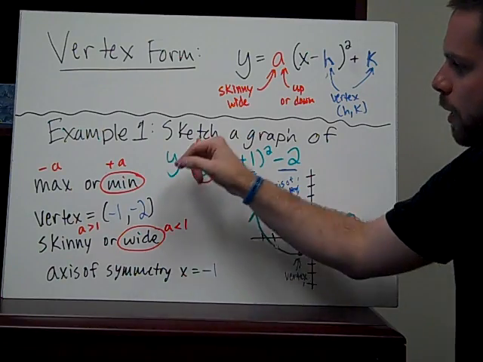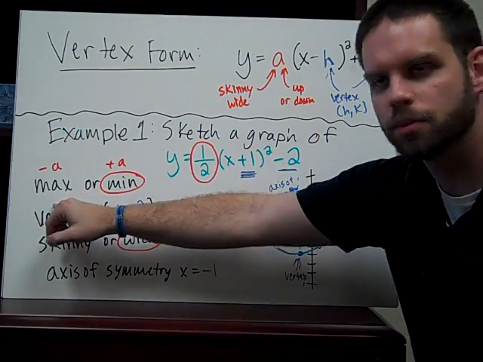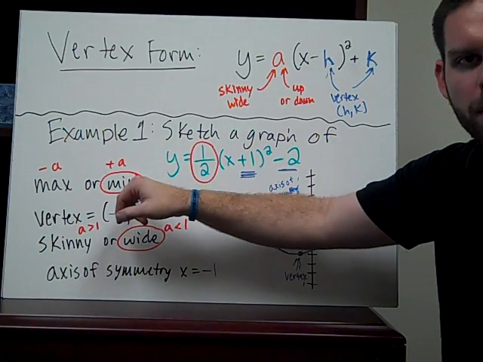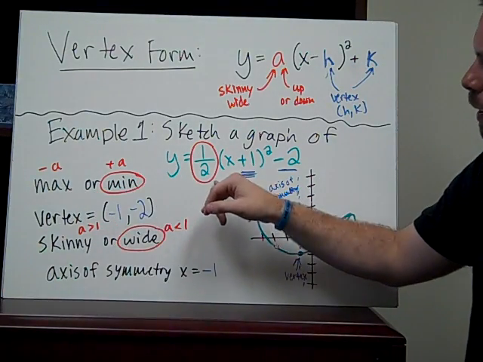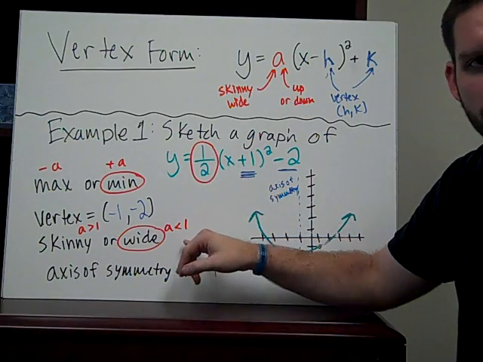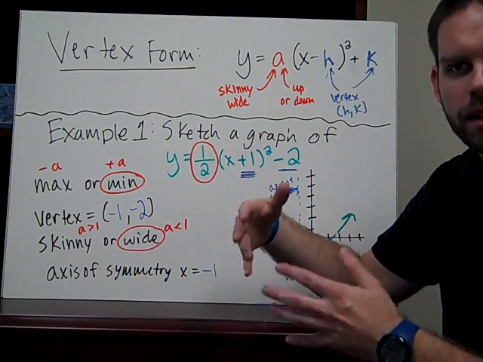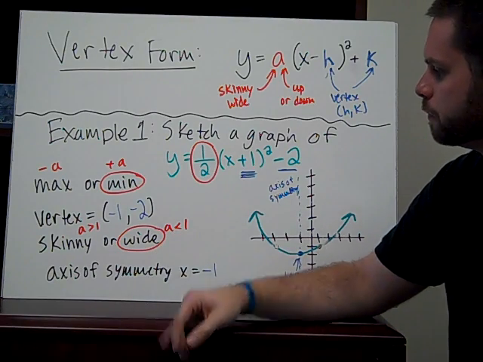I circled the 1/2 in red because that's our a. The 1/2 tells us, because 1/2 is positive, it's going to be a minimum. And also, because 1/2 is less than 1, it's going to be a wider graph than the original function would be.